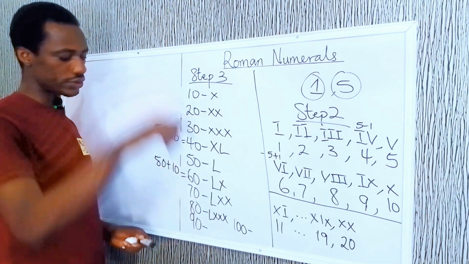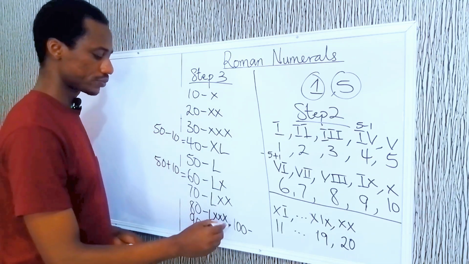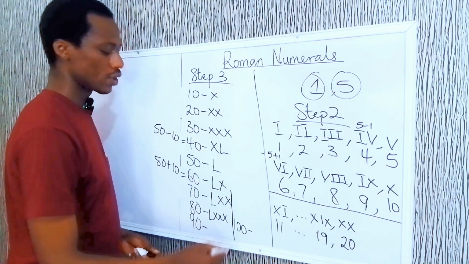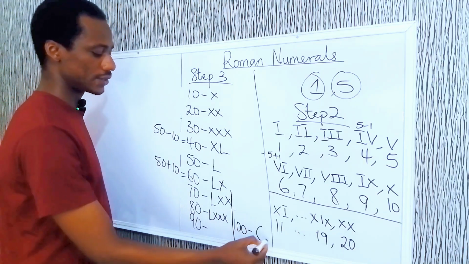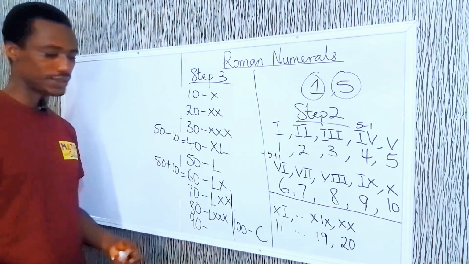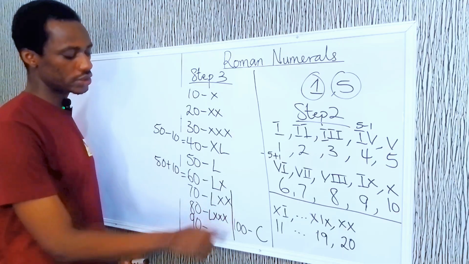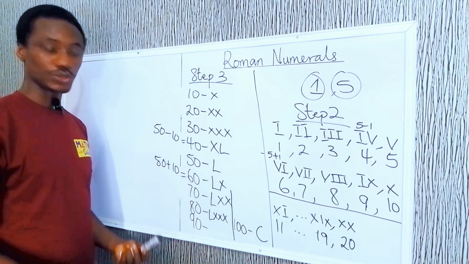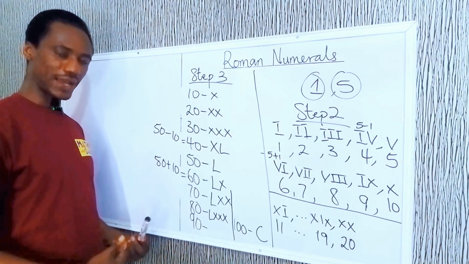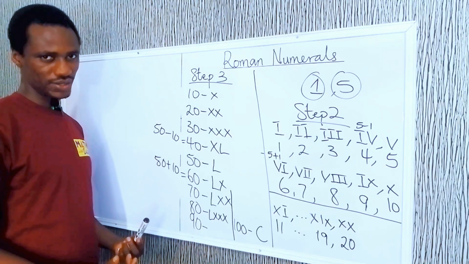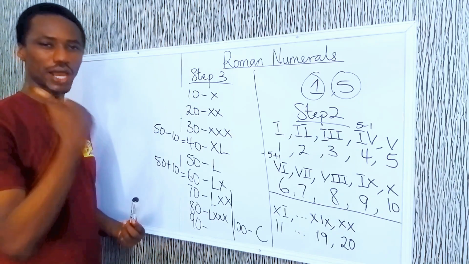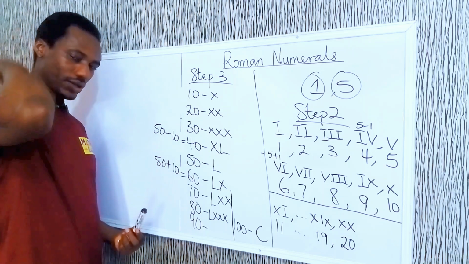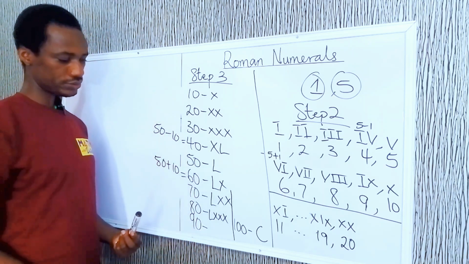So we're going forward. What is 100? From our letters, we know that 100 is C, right? So from this 100, we're going to subtract 10, and then we have 90. So 90 is 100 minus 10. Remember, this is very important: in subtraction, that number comes before the bigger one.